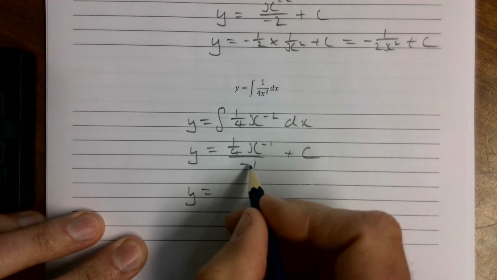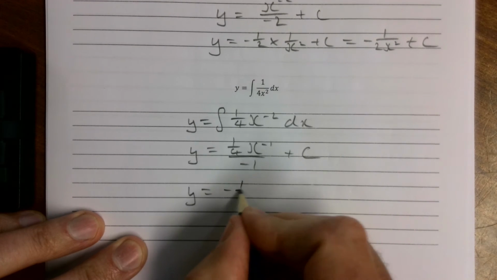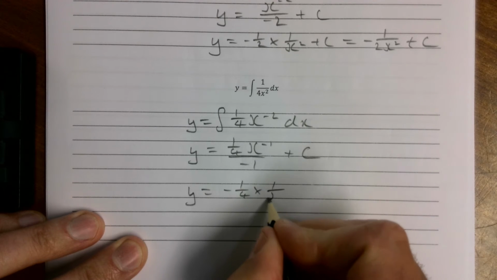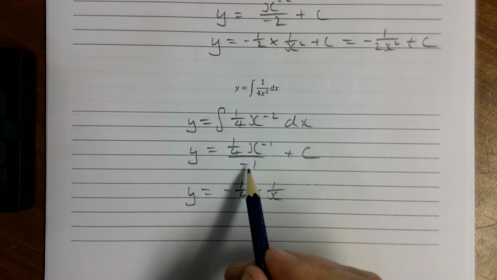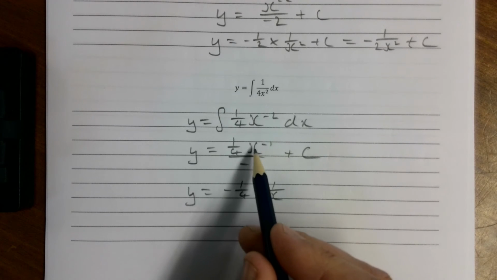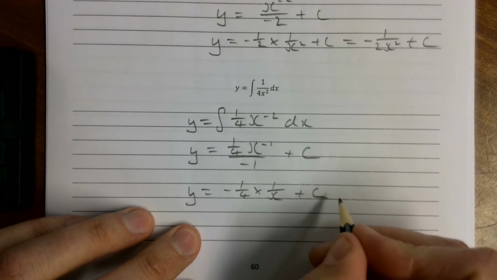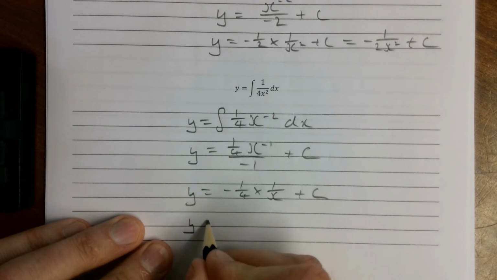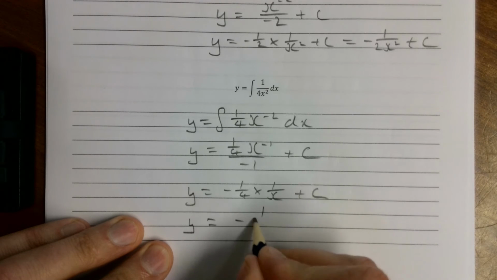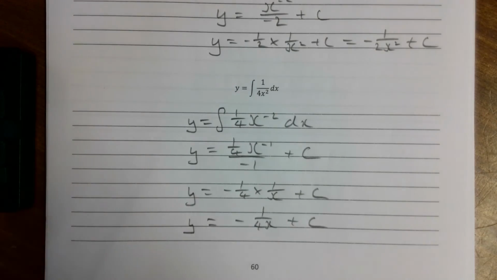Dividing by minus 1, I hope you're aware, that's just the same as making the thing negative. So it's going to be minus a quarter multiplied by 1 over x. Hopefully you can see that there. So the minus, divide by minus 1, just brings a minus out the front. That's a quarter times x to the minus 1, so that's the same as a quarter times 1 over x plus c. And then finally, tidying it up would be minus 1 over 4x plus c.